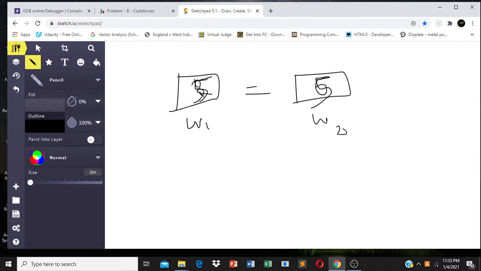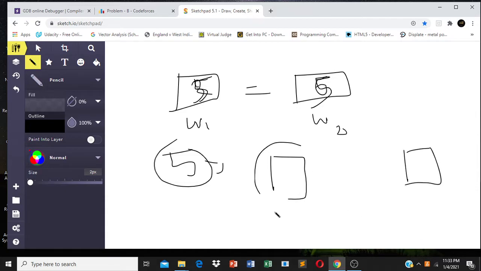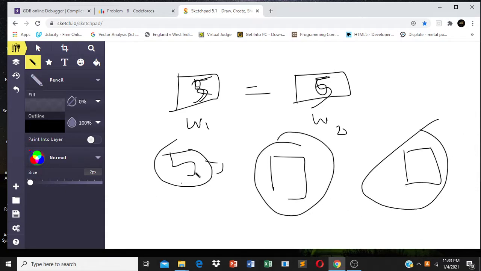If it is an odd number, then you will never divide it, because any odd number you cannot divide into two equal weights, right? One has to be greater than the other.